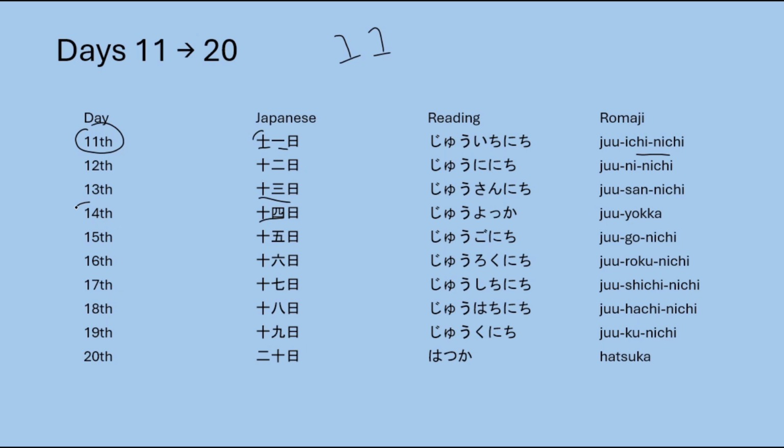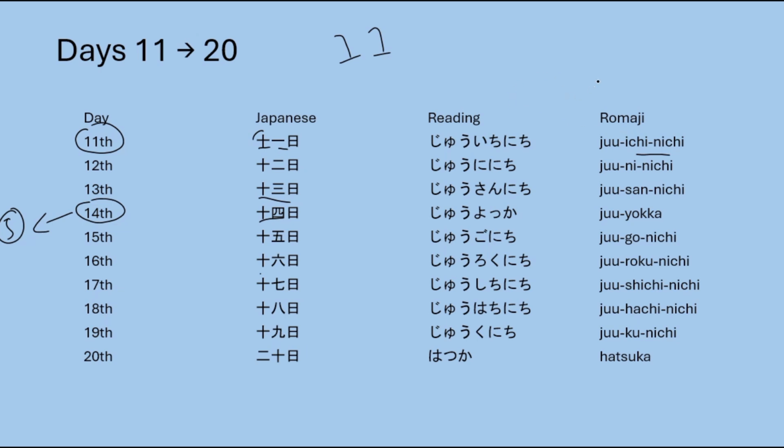As I told you, 14 is a special word which doesn't follow the rule. 15, Jugo Nichi. 16, Juroku Nichi. 17, Jushichi Nichi. 18, Juhachi Nichi. 19, Juku Nichi. 20, Hatsuka.